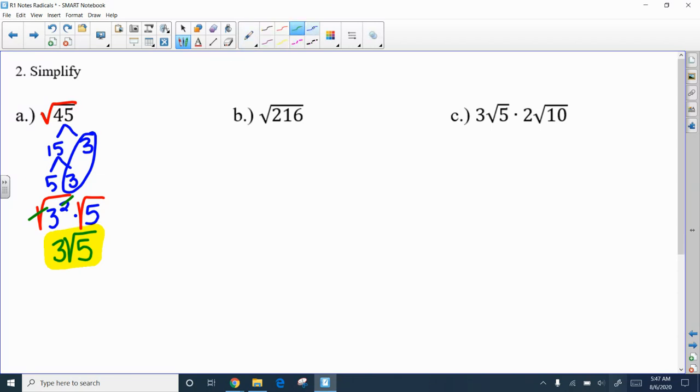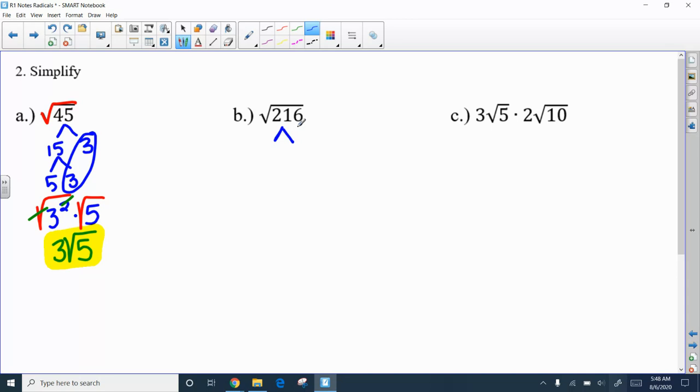Let's look at 216. That's a much bigger number. So let's find some factors of 216. It can be, again, any 2 factors. That's a bigger number, but I do know that 2 is going to go in it.